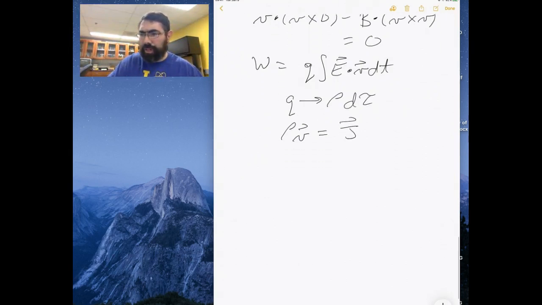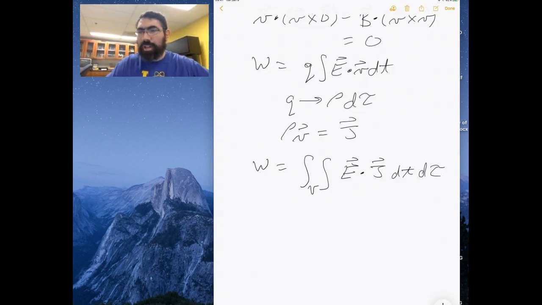So I can now rewrite this statement as W is the integral over the volume, the integral over the time, of E dot J.